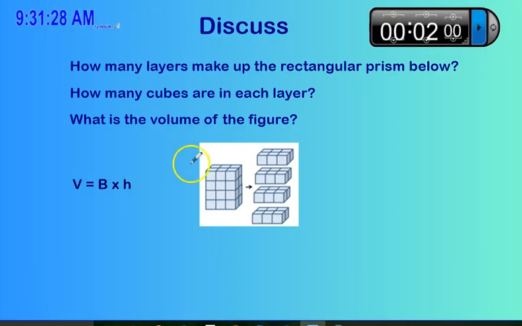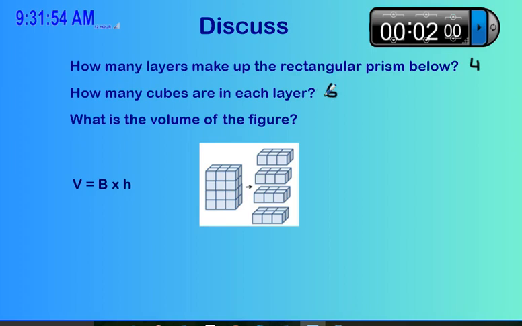How many layers make up this prism? 1, 2, 3, 4. How many cubes are in each layer? 1, 2, 3, 4, 5, 6.